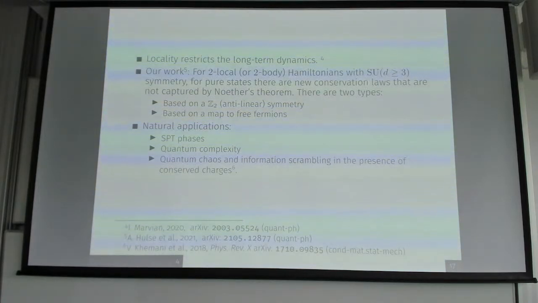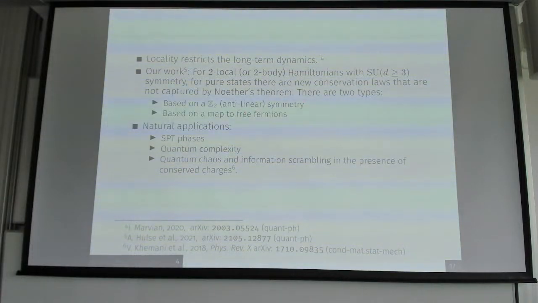It was recently shown that locality can indeed restrict the long-term dynamics of a system. In particular, in our work we will show that two-local, or two-body, Hamiltonians with SU(d) symmetry, d greater than or equal to 3, even if you consider a pure state constrained in one irrep or one charge sector, can have new conservation laws that are not captured by Noether's theorem in the sense I just explained.